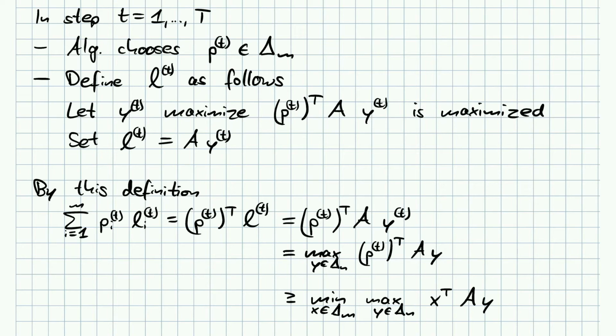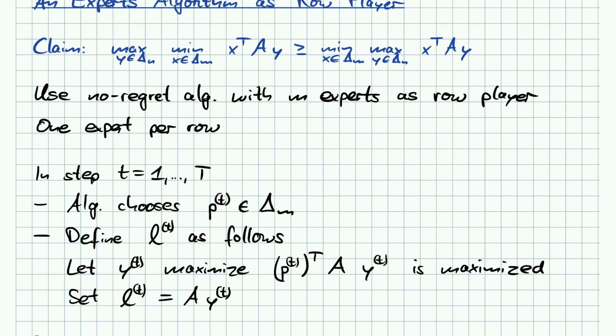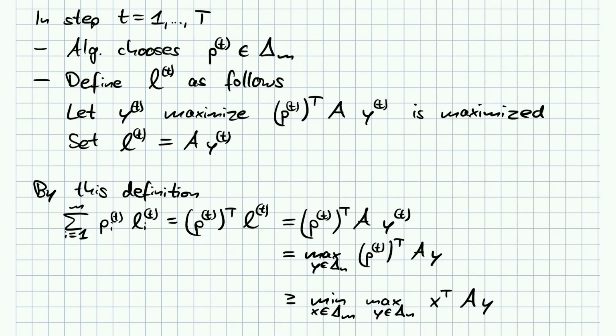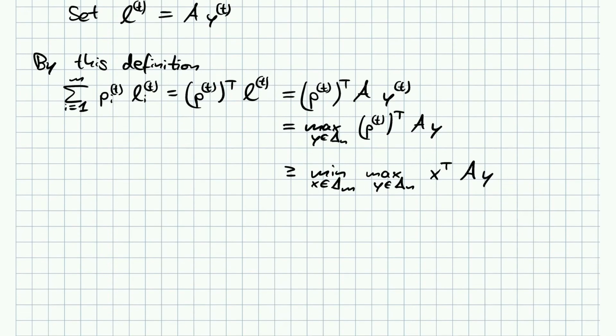Now, what we hope is that what we have here on this left-hand side is still at least as big as what we have here. And this is where we'll make use of the no-regret property. What does the no-regret property tell us?